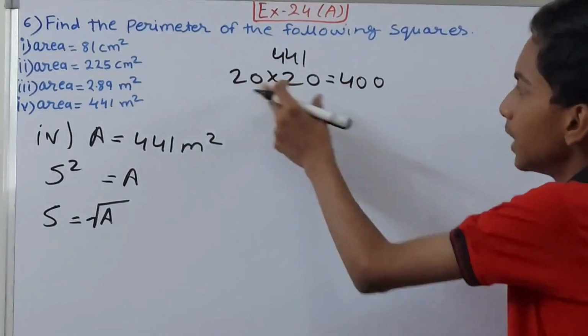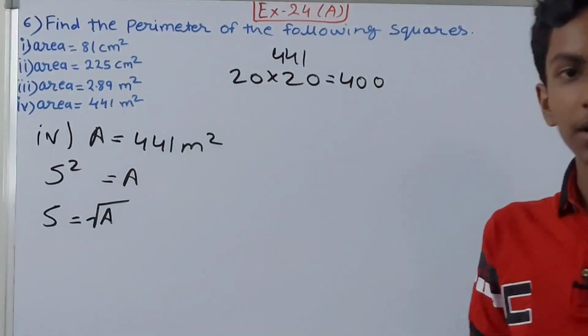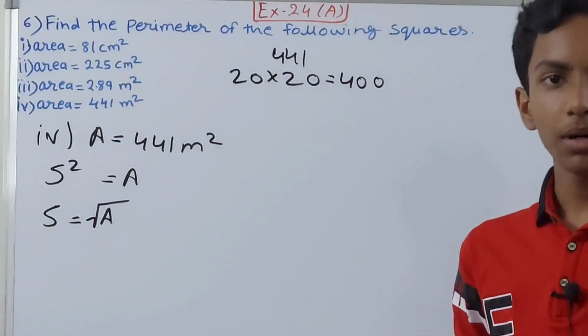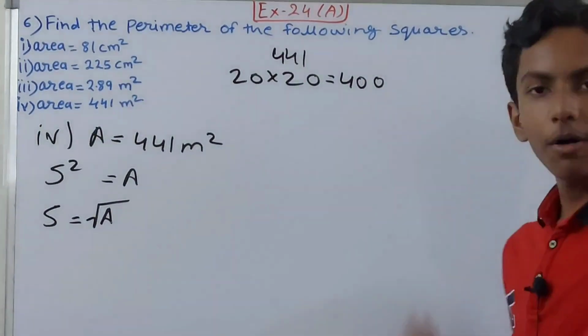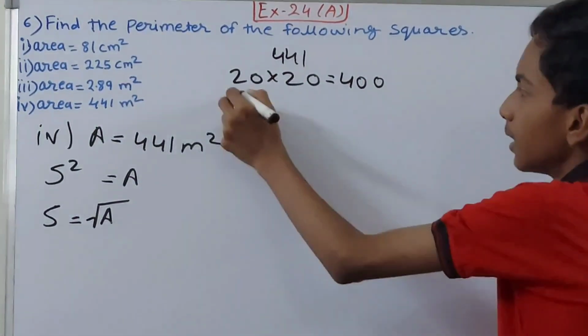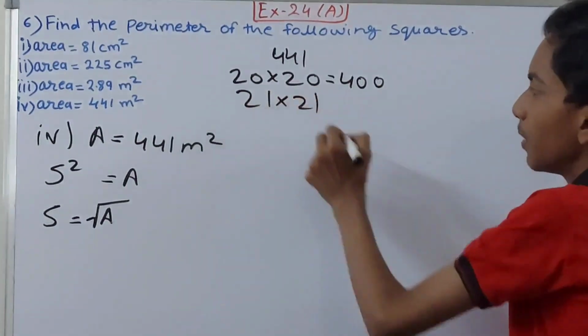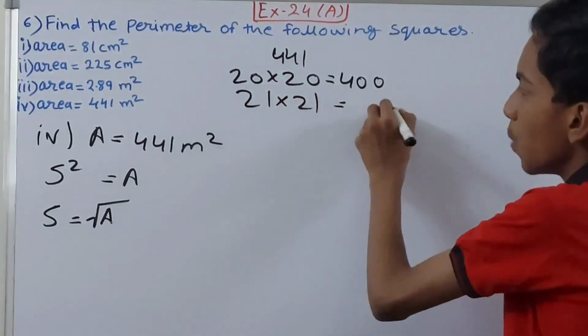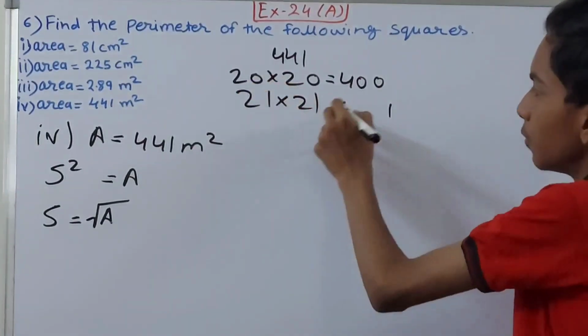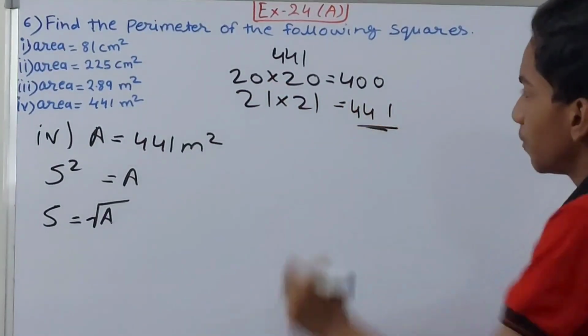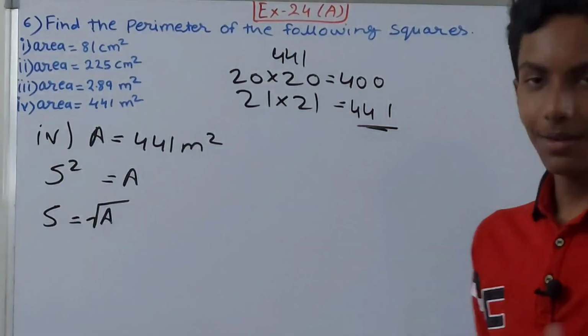So 20 into 20 will be 400, so definitely it cannot be a number below 20 or 20. We have to go above 20, so let's try 21. So 21 into 21, what will this give us? 21 into 2 becomes 42 and 2, so 441. So 21 square becomes 441, right?